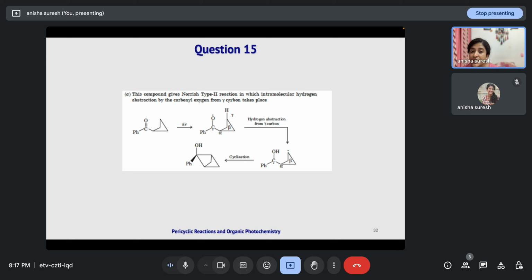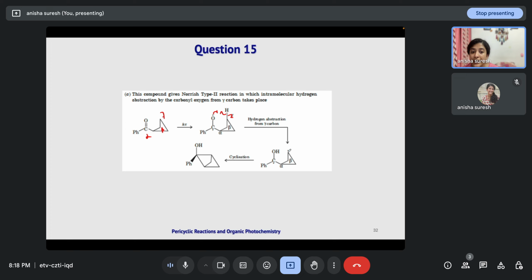Clear? So this is the mechanism: this compound gives Norrish type 2 reaction in which intramolecular hydrogen abstraction by the carbonyl oxygen from gamma carbon takes place. Alpha, beta, gamma. So first under h nu condition, the carbonyl will excite, leading to formation of this O radical and carbon radical. Now a gamma hydrogen abstraction will be taking place, leading to formation of the radical here.